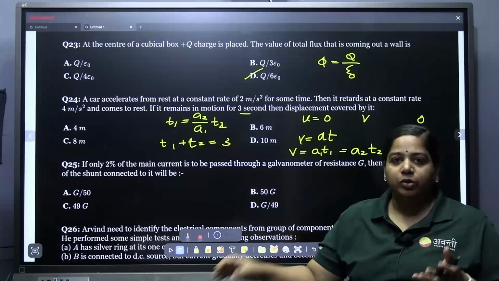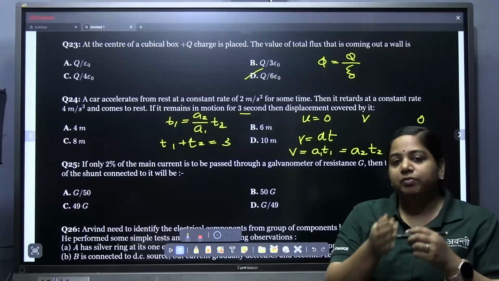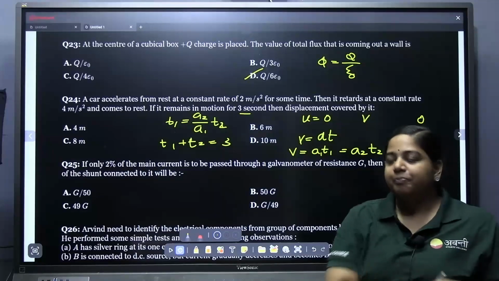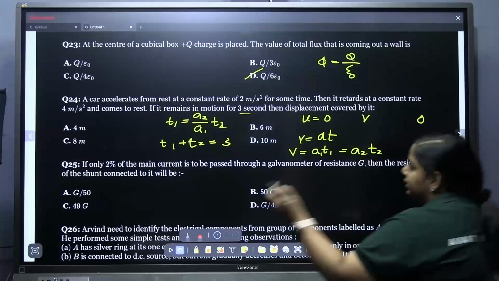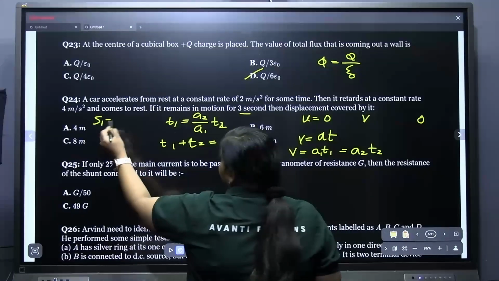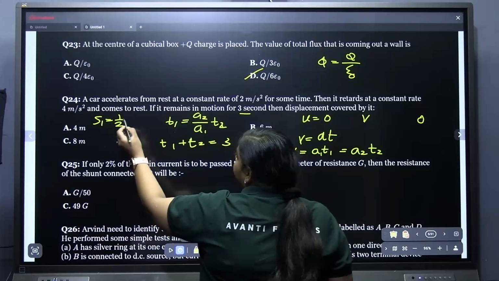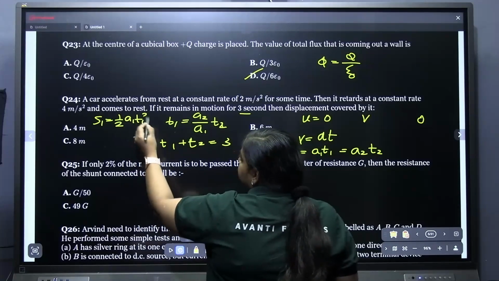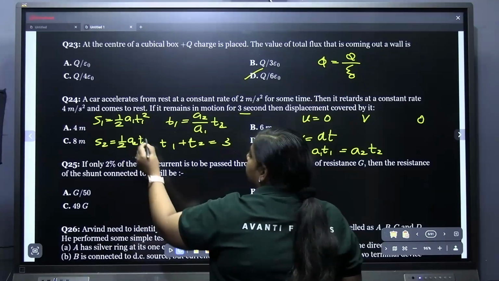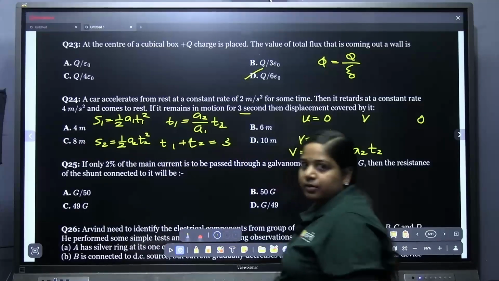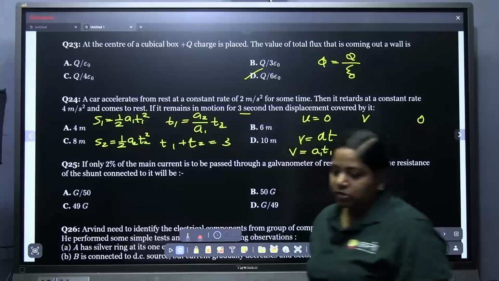Time 1 is from 0 to the maximum value of velocity. Time 2 is from that velocity to 0. Like that you can find t1, t2. Then S1 will be, with u equal to 0, half a1 t1 square. S2 is equal to half a2 t2 square. Then substitute these values, you will get the answer.